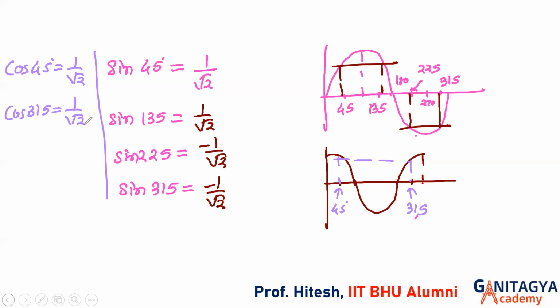Understood? Now this is 90, so which to remain 225, तो वो भी नेगेटिव एंड 135 भी नेगेटिव. So it will be cos 225 and cos 135. These both are -1/√2 and -1/√2. ठीक है, so this is completed.